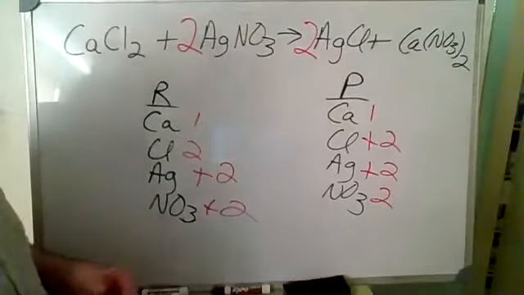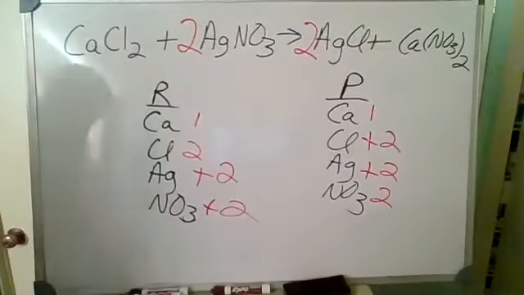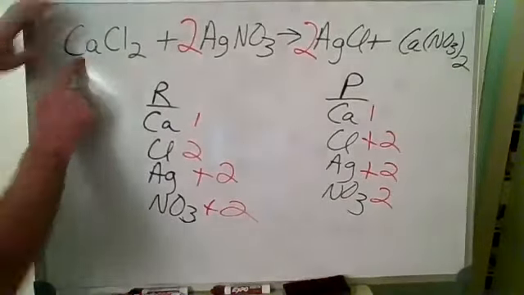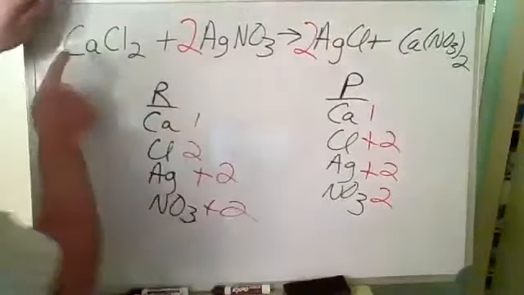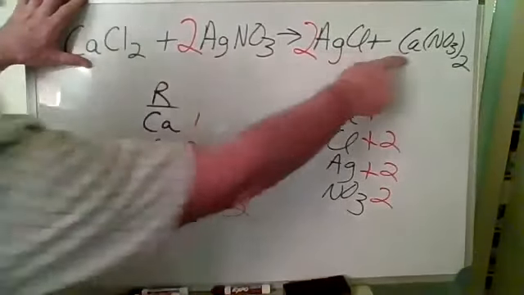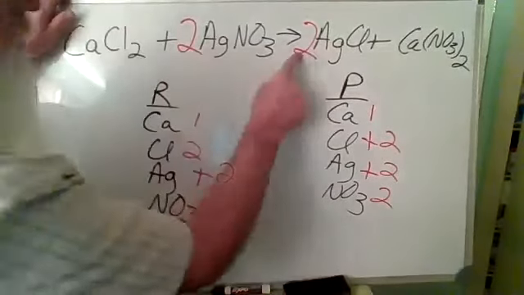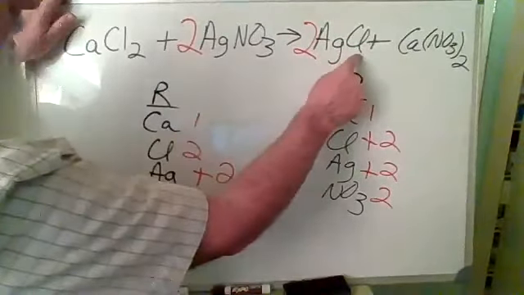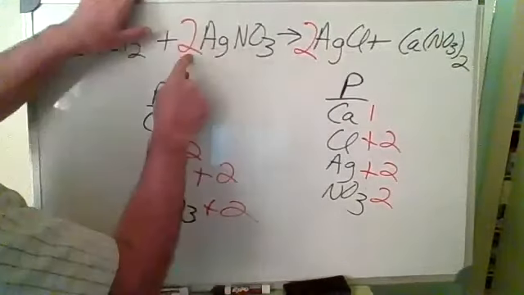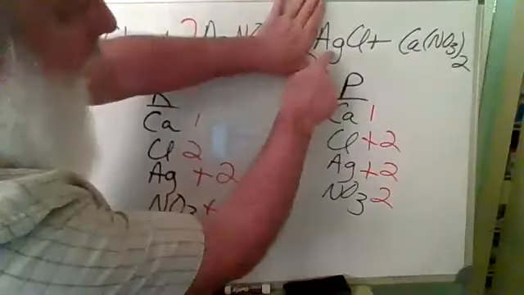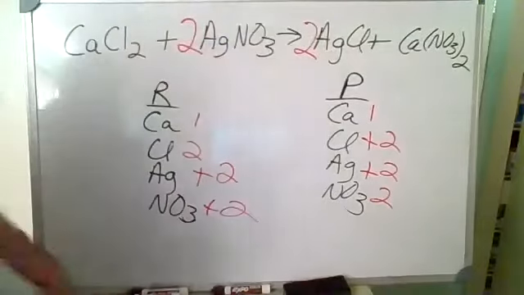Now, let's go back and check. 1 calcium and 1 calcium. 1 times 2 is 2 chlorines, 2 times 1 is 2 chlorines. 1 silver times 2 is 2 silvers, 1 silver times 2 is 2 silvers.